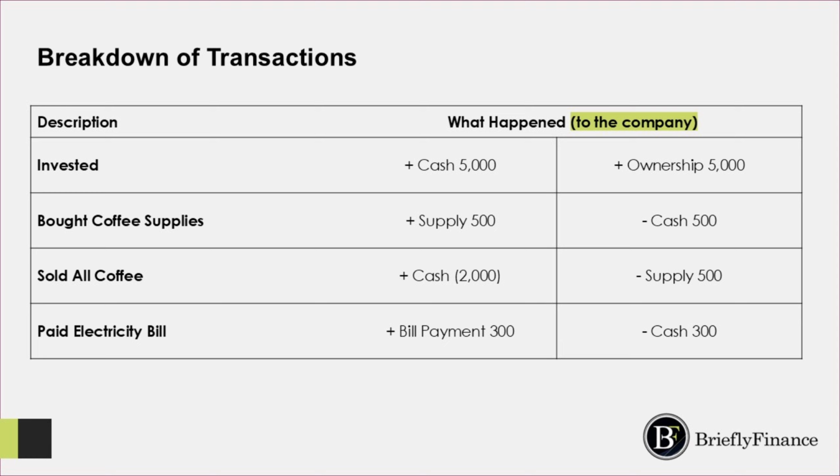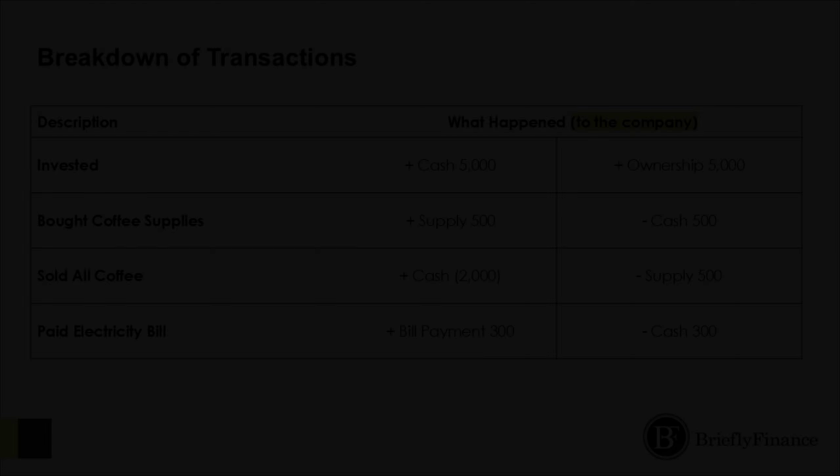And of course you paid the electricity bill, which the business used to operate, and the cash went out. So the idea here is just to know that when you book in accounting, it's about looking at things from two different angles: something that adds value and something that benefits or costs the company.